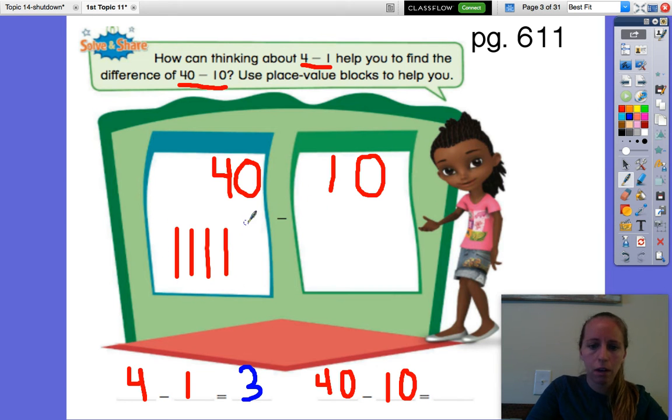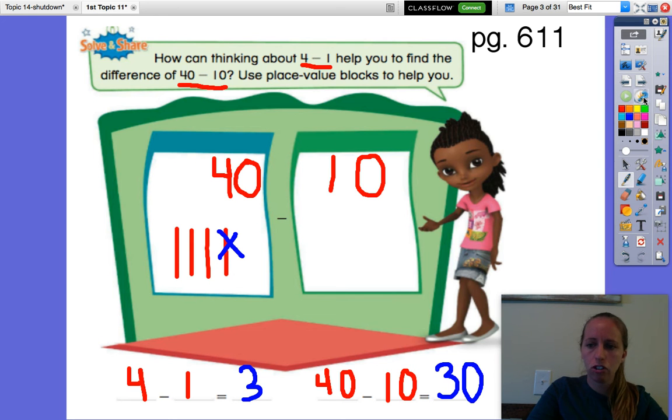If I take away 1 ten, what am I left with? I'm left with 3 tens, just like before. 4 tens minus 1 ten equals 3 tens. So we can also say 40 minus 10 equals 3 tens. What is 3 tens equal to? 10, 20, 30. That is equal to 30.